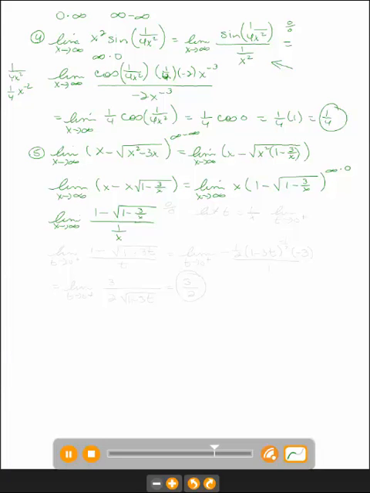Now you could tackle this next thing many different ways, but one of the easy ways is to make a substitution here. You can say, let t be 1 over x. When you do that, your limit is going to change from x goes to infinity to t heads to 0 from the right side, because you're flipping everything over.